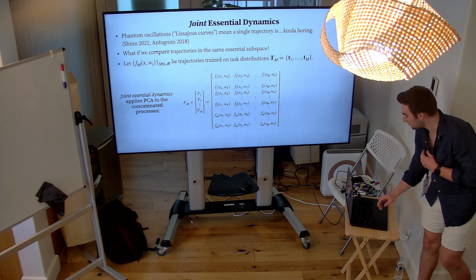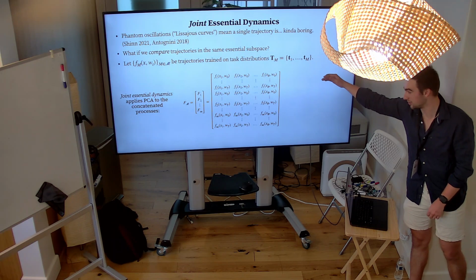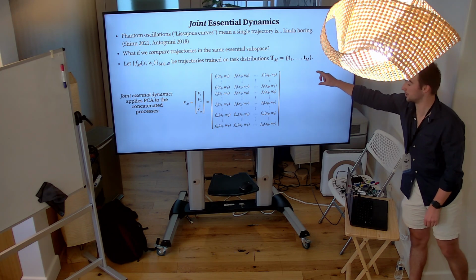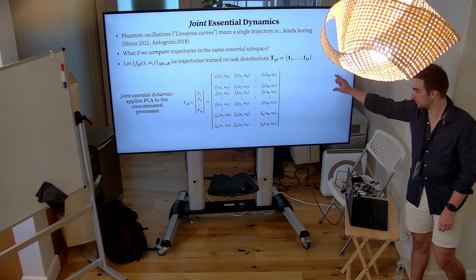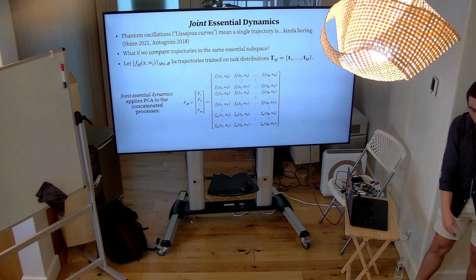Joint ED applies PCA to the concatenation of the trajectory from the first training run, the trajectory from the m equals 1 distribution, the trajectory from the m equals 2 distribution, and stacks all of those things.